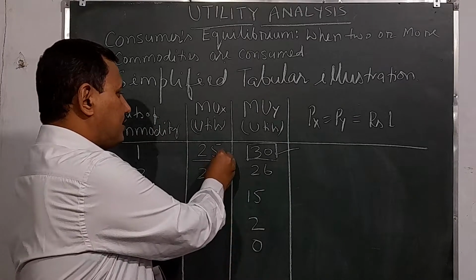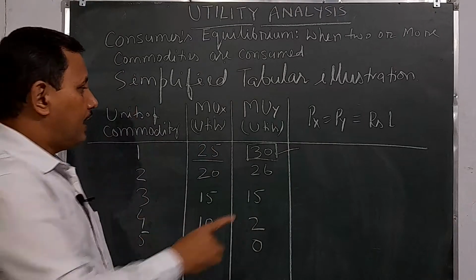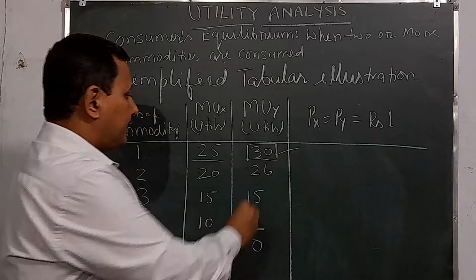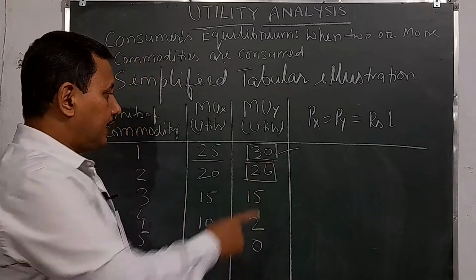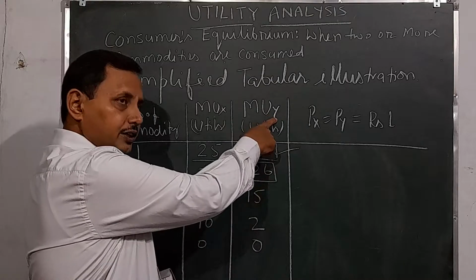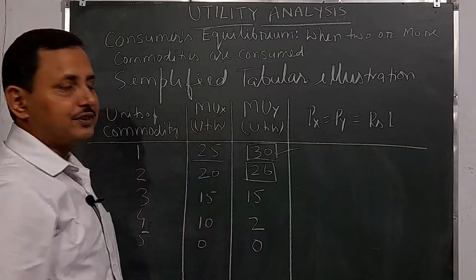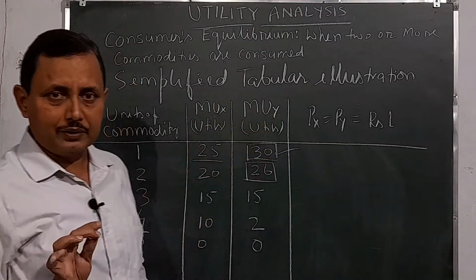If he consumes commodity X, he will get a utility of 25. And if he consumes the second unit of commodity Y, he gets 26. So he will consume the second unit of commodity Y, as it gives more satisfaction than commodity X.